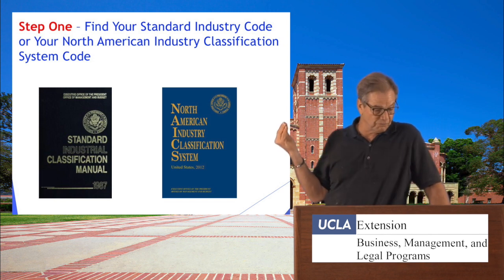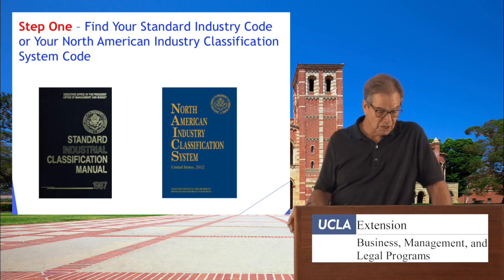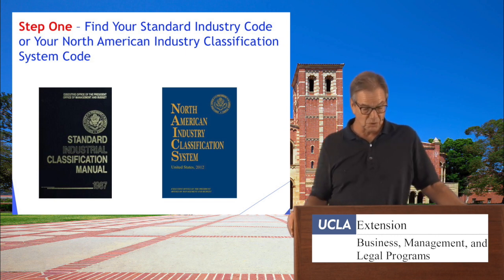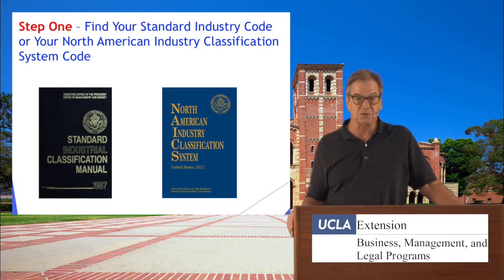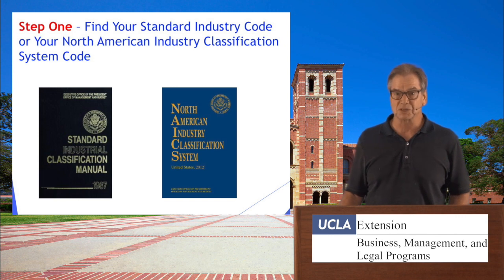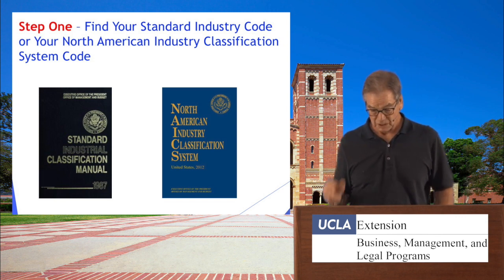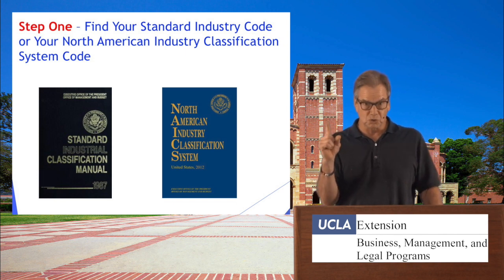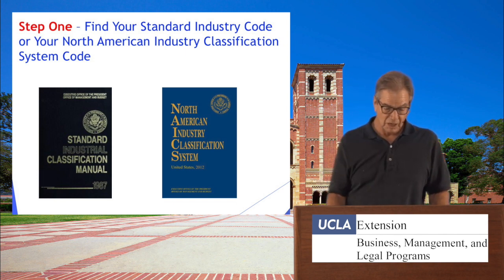I encourage you to find the SIC code number, but also, for businesses in America, Canada, and Mexico, the North American Industry Classification number also. They're very similar systems to each other, but they're different. What seems to be a universally used number is the SIC code number.